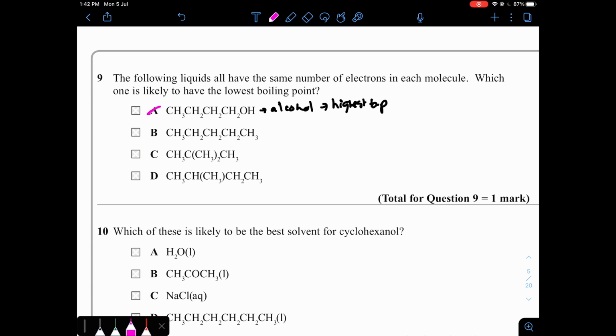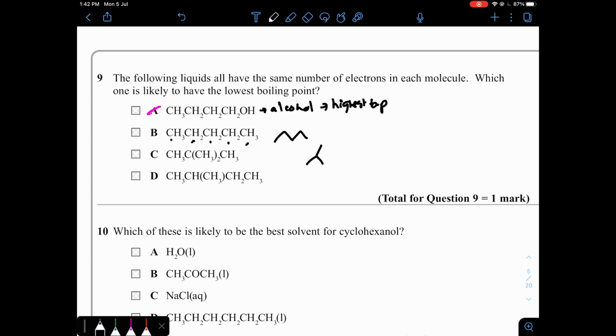Let's draw this. So this is 1, 2, 3, 4, 5. That's pentane. Then we have 1, 2, and then 1, 2.